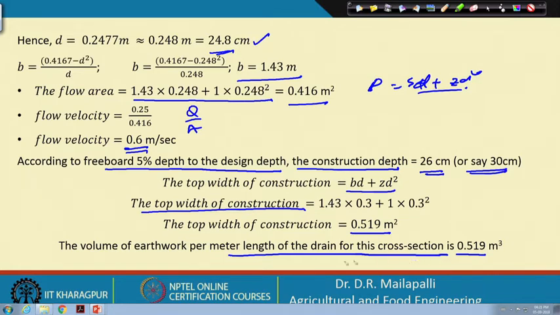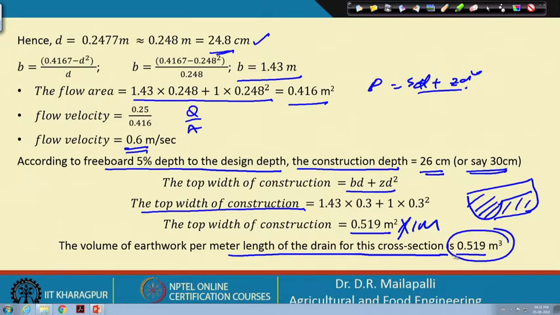This is the floor cross section, and if you take a 1 meter length, the volume of earthwork will be 0.519 meter cube.